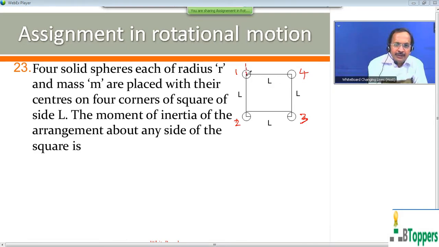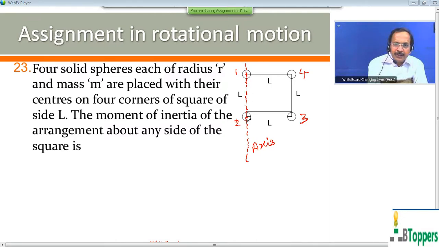You're asked to find the moment of inertia of the four spheres about an axis which coincides with one of the sides of the square. Let us suppose the axis is passing through the center of the first sphere and the center of the second sphere.